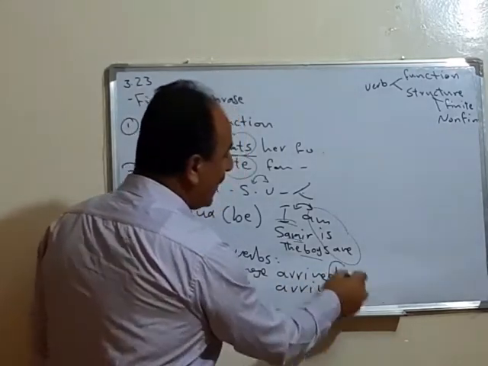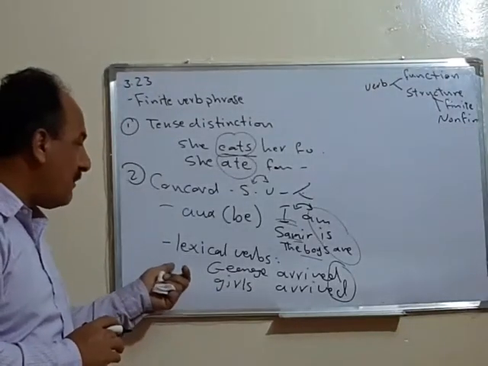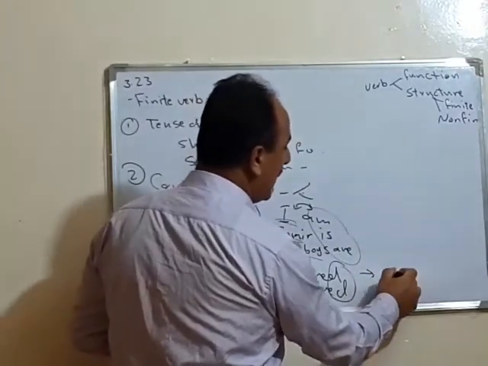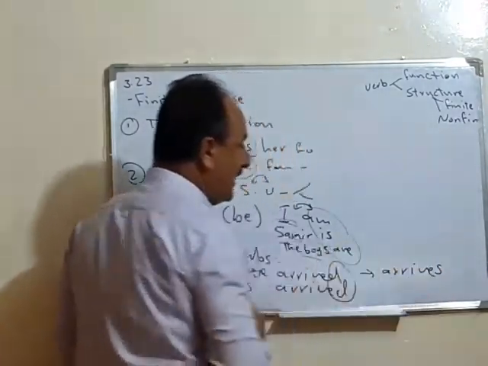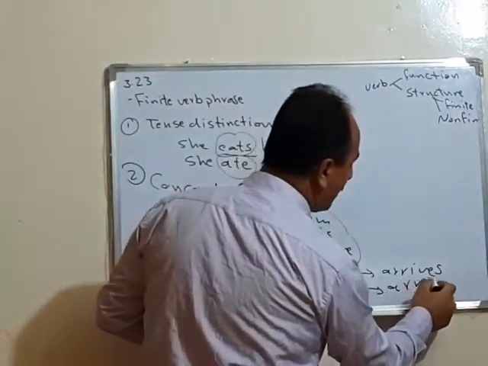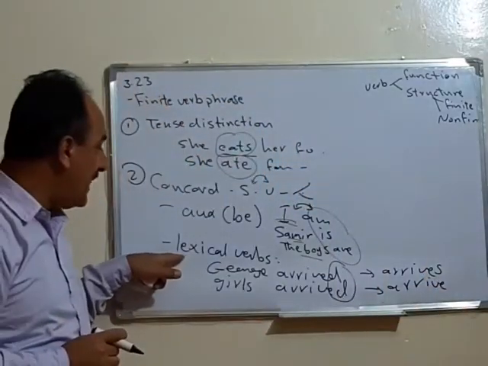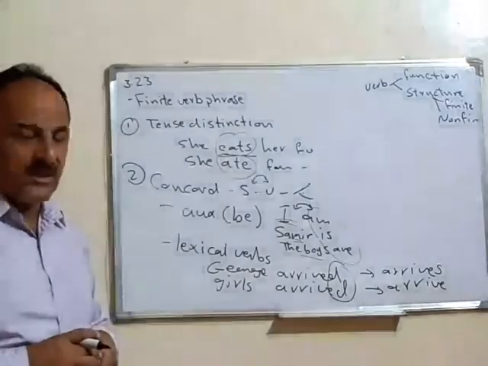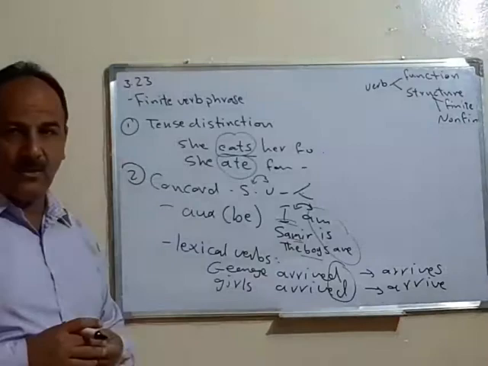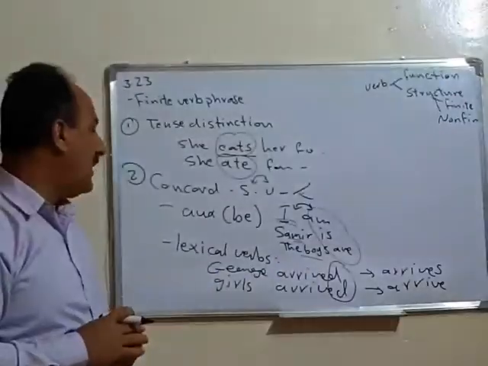The same form, so it is not very clear. But in the present, with the same verb, we say "George arrives" and "the girls arrive", without S. So in the case of lexical verbs, in the past it is not very clear, but in the present, and sometimes in the future, by using is going to or are going to, it would be very clear.